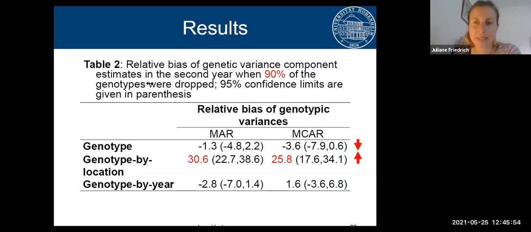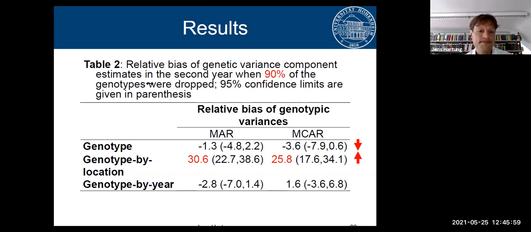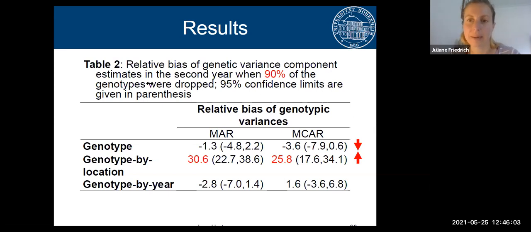Okay, then there's a question from Felipe. Thank you for the question. He says, I ended up entering the presentation a little late, so I'm sorry if this was mentioned and I missed it. My question, have you compared variance components estimated via REML and MCMC algorithms?